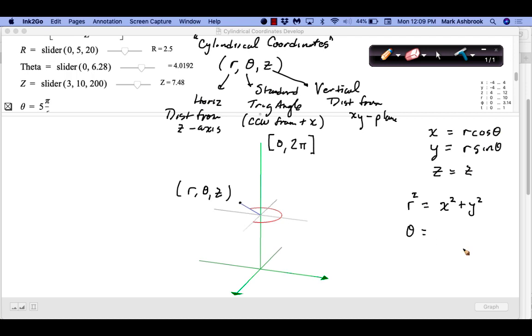Theta equals arctan of y over x, but what you have to be careful about is that you have to make the right adjustment for second, third, and fourth quadrants.